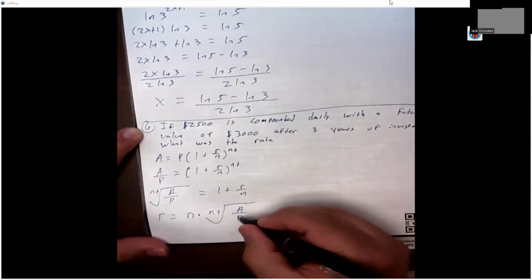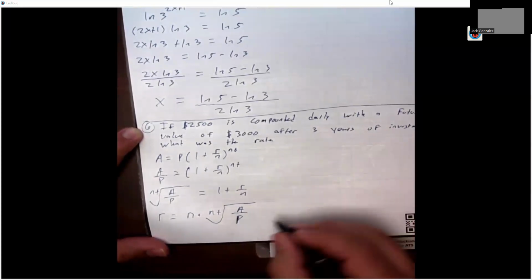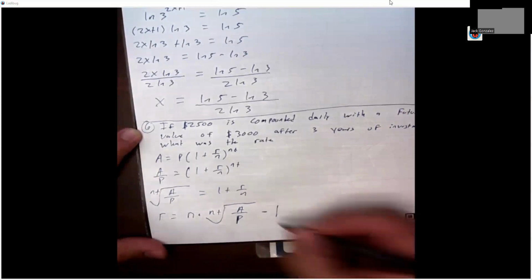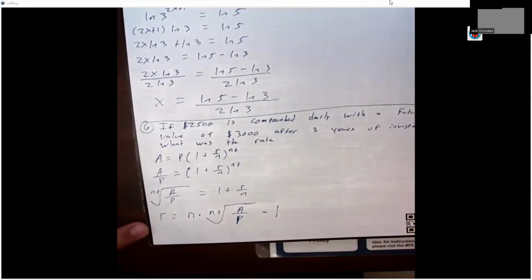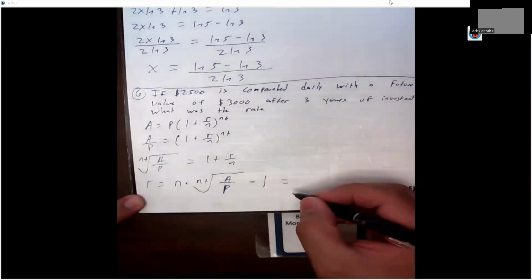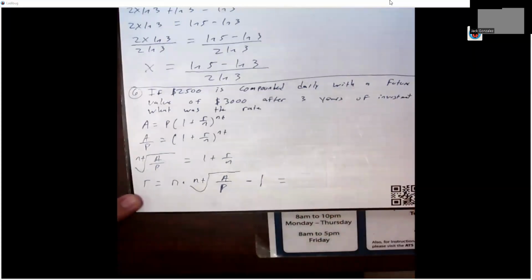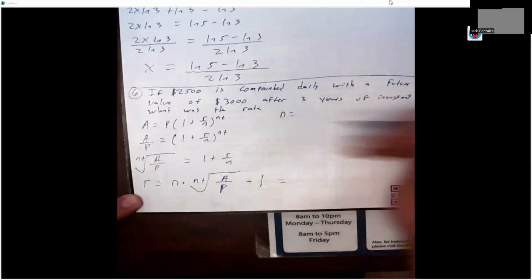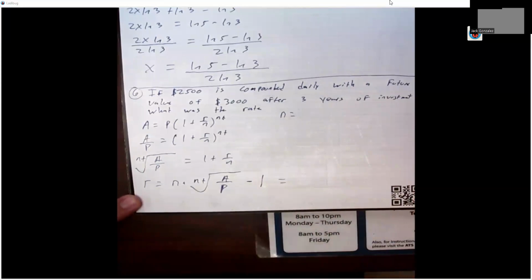So R will equal... sorry, I had to redo the formula. I don't have the notes in front of me. I'm sure you have this somewhere. R is equal to this, right? So plug it all in. What is N? Compounded daily, so let's say 365.